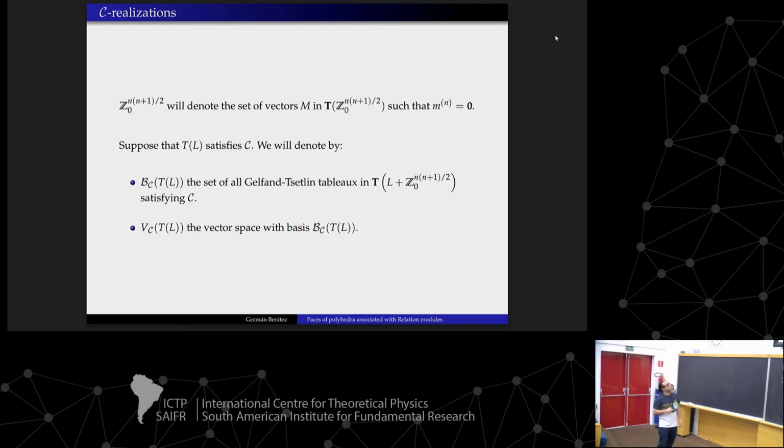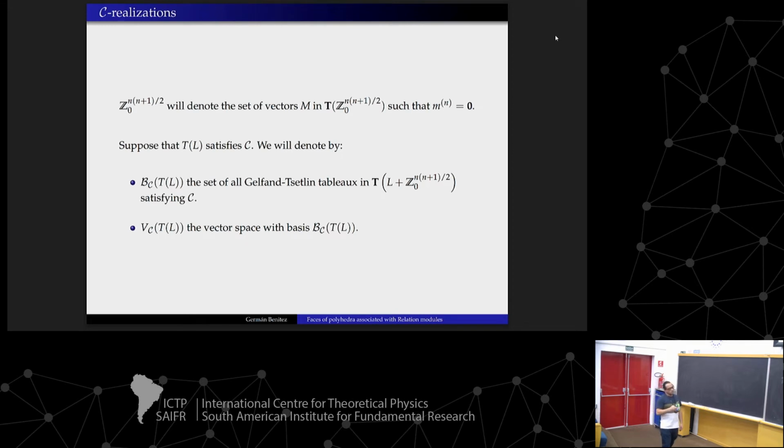Now, we fix a Gelfand-Tsetlin tableau satisfying a set of relations. We denote by B_R(T) the set of all integer translations of the Gelfand-Tsetlin tableau satisfying the set of relations. Over that, we denote by V_R(T) the vector space with that basis.